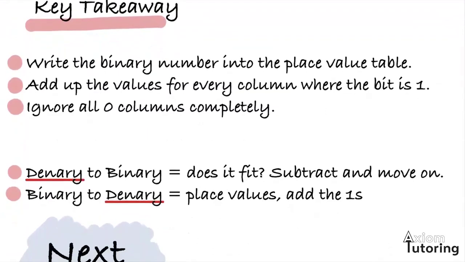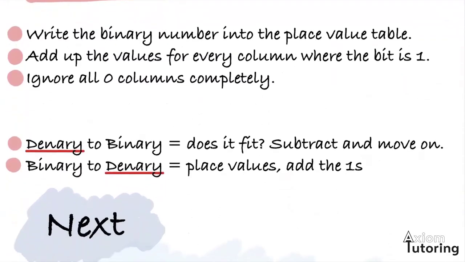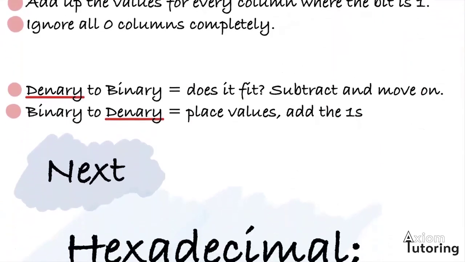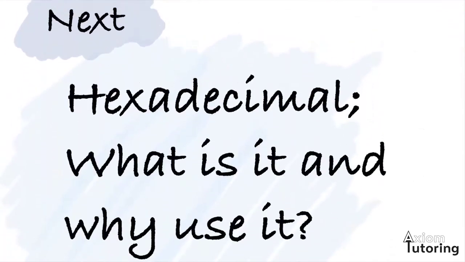So together, videos 2 and 3 cover both directions of this conversion, denary to binary and binary to denary. Remember, in the last video, this was the mantra for the conversion, and in this video, this is the mantra for the conversion. And in the next video, we will introduce hexadecimal.